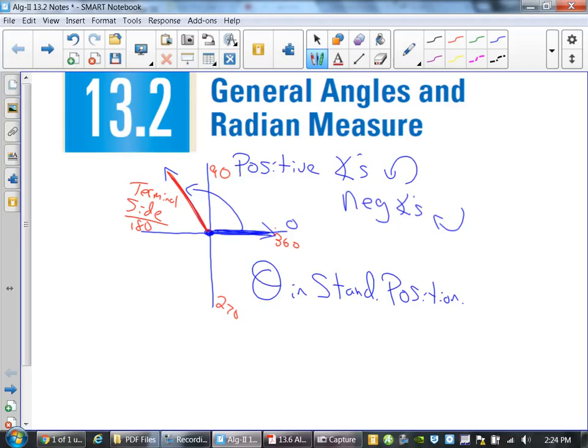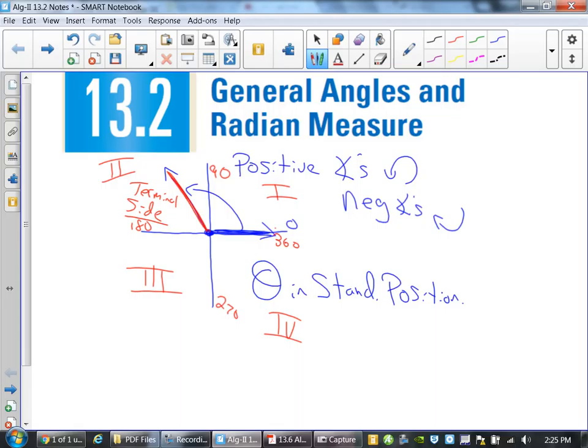You have to figure out the quadrants: 1, 2, 3, and 4. We'll draw angles in standard position and ask what quadrant they lie in, whether they're positive or negative. We'll find out about what are called coterminal angles, and talk about things like that as well.